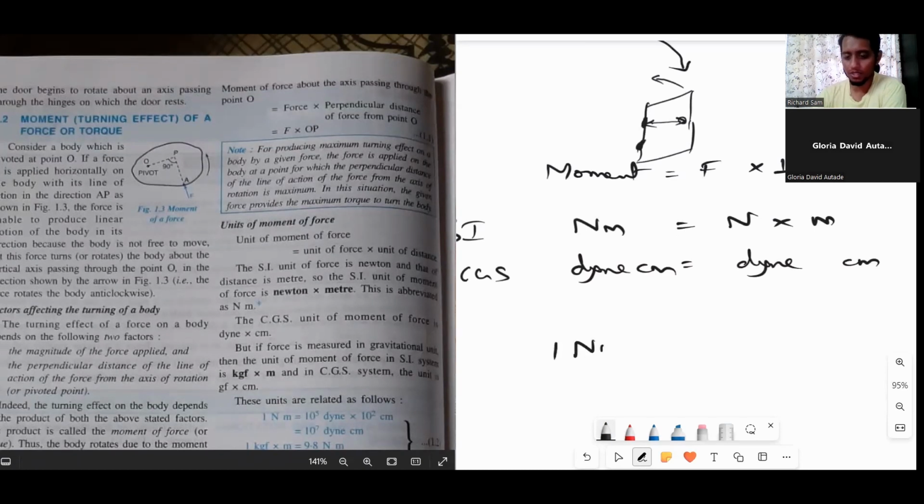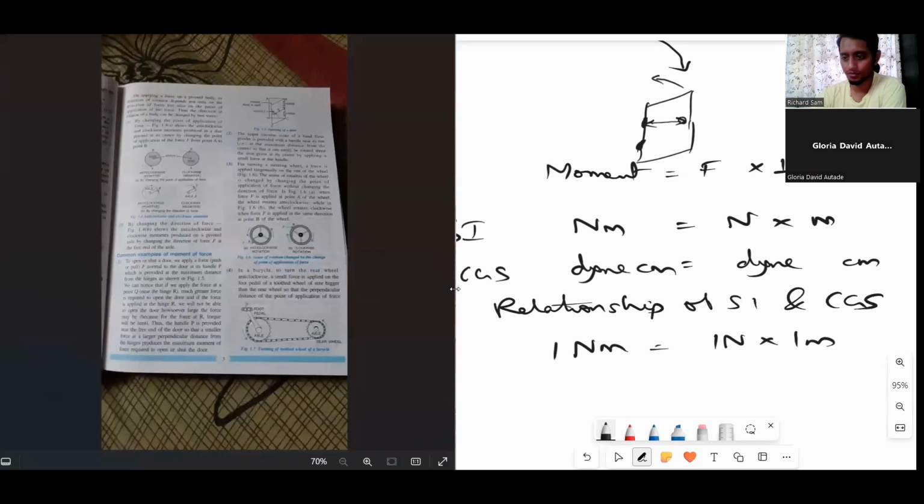Okay, so 1 Newton meter means 1 Newton into 1 meter. Here we're writing the relationship of SI and CGS unit. So 1 Newton is how many dyne? 10 raised to 5.